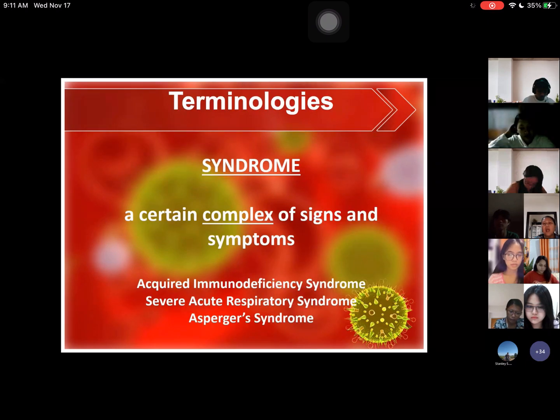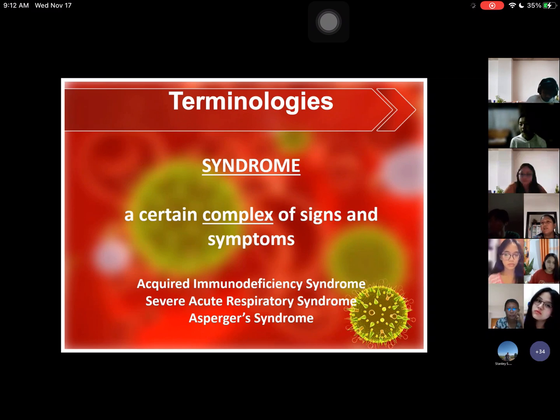Okay? So the term syndrome, okay, is a certain complex of signs and symptoms. This is a combination of the signs and symptoms that we felt if we already have the disease. Okay, examples of a syndrome: we have the acquired immunodeficiency syndrome, and the severe acute respiratory syndrome.